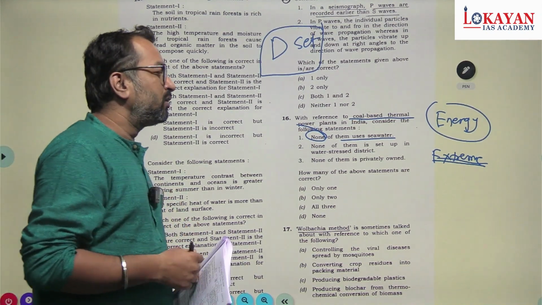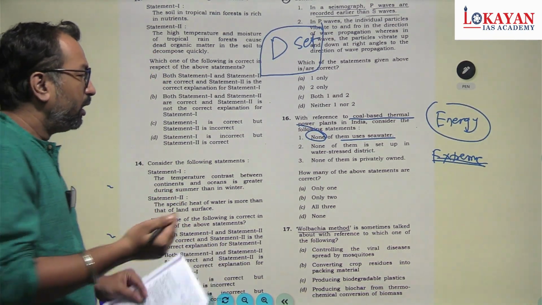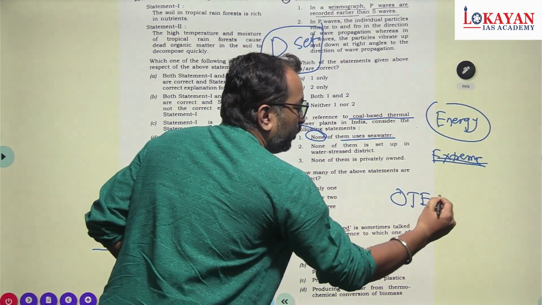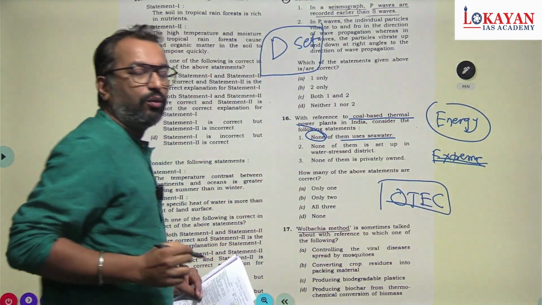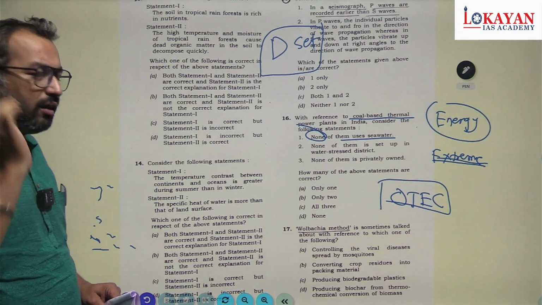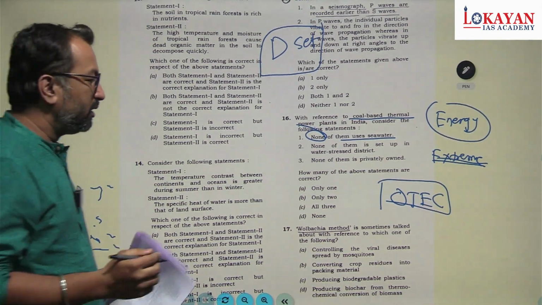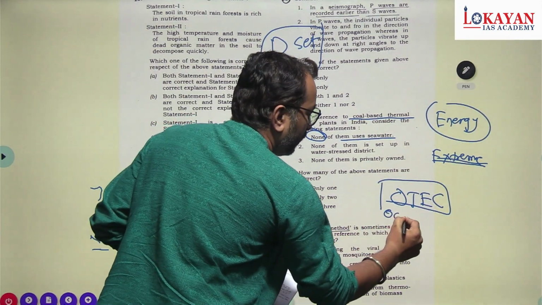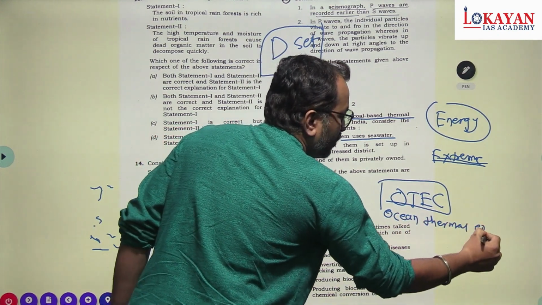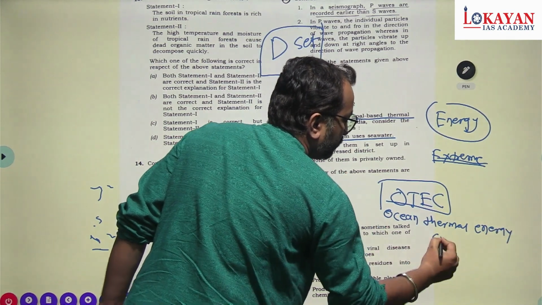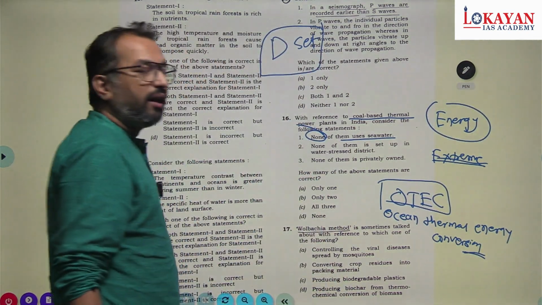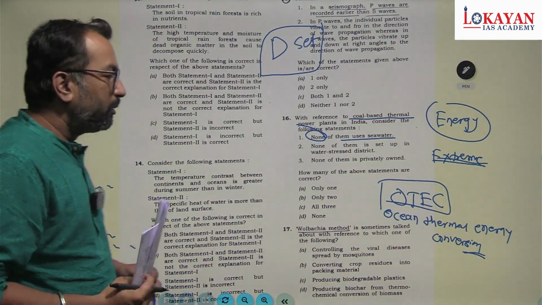None of them uses seawater. Now, you must have read the term OTEC. What does OTEC mean? I think in the month of April, some news came regarding OTEC. OTEC is nothing but Ocean Thermal Energy Conversion. What does it mean?